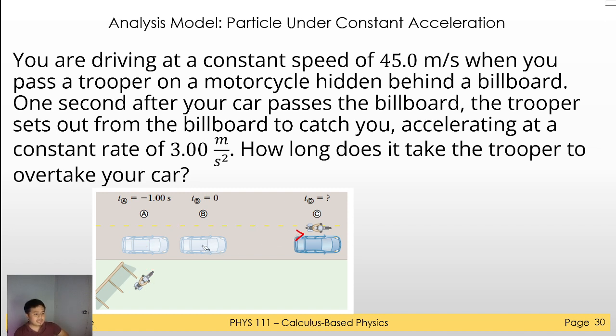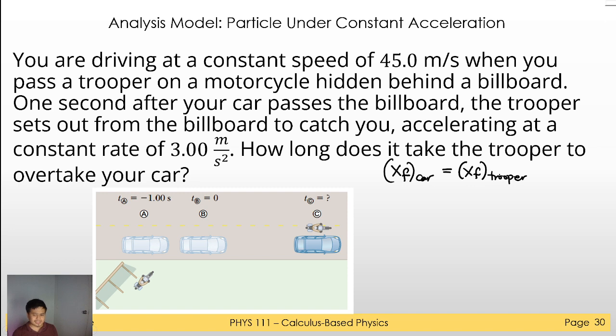So what is the analysis here? We understood the problem that the final position of your car is equal to the final position of the trooper, or the police vehicle, or the motorcycle.